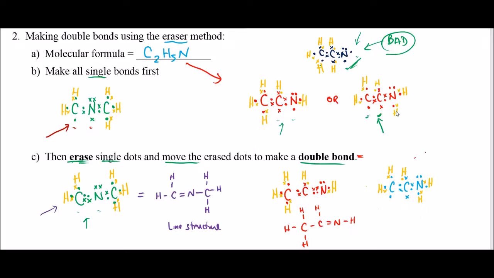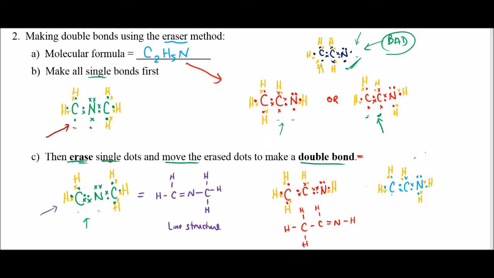Here's my second one that I've redrawn in blue. Once again, I'll get out my eraser. And this is a lonely dot and another lonely dot, so I'll erase them. And I'll move them to the middle, right here.